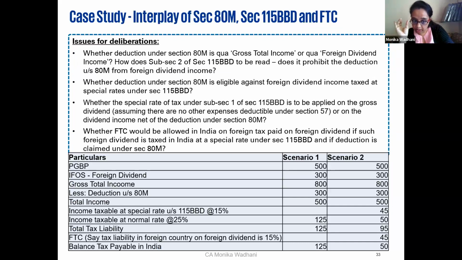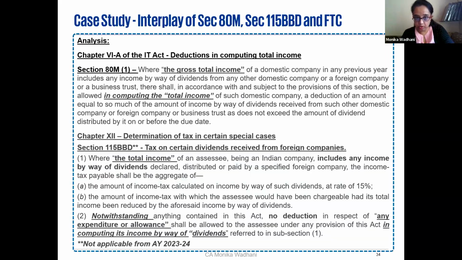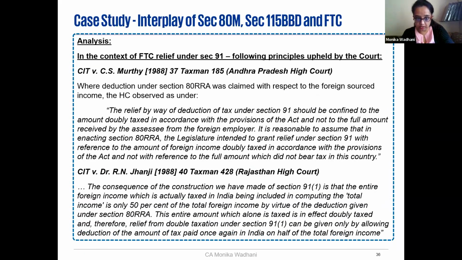And therefore, whatever total income is left, there you have to see first how much was your foreign dividend income, appropriate that much towards foreign dividend income, apply special rate of tax, and only on balance amount you apply the normal rate of tax. And with this analogy, you also give the foreign tax credit, by relying on the rulings in case of Wipro and in case of Tata Sons.